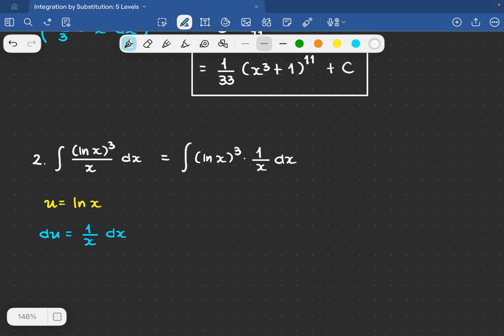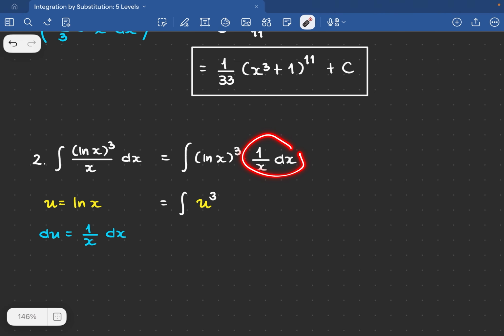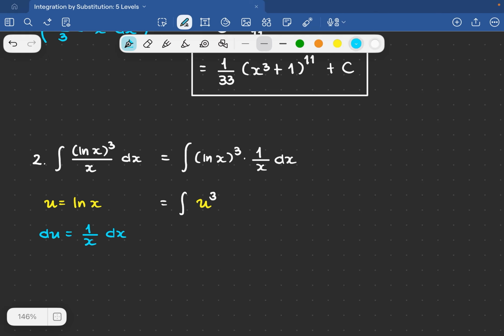Okay, so applying the u-substitution, we will obtain u cubed, and then 1 over x dx is exactly du. So we'll have here du.